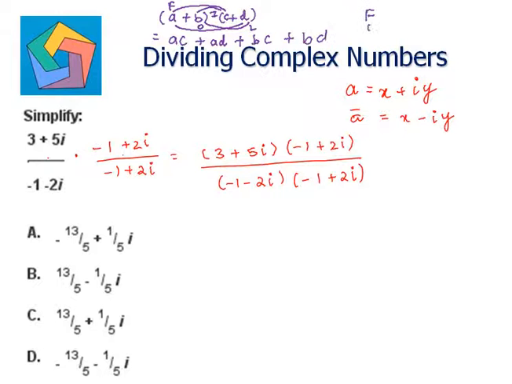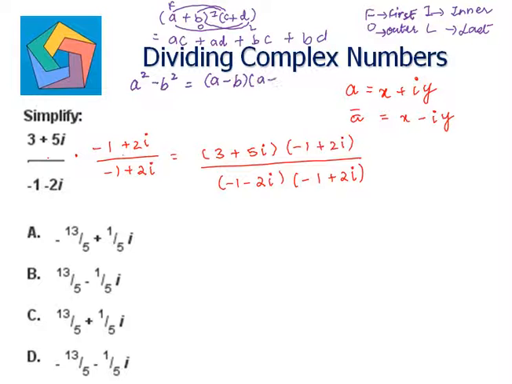So FOIL: first, outer, inner, last. And the difference of squares says a squared minus b squared is equal to (a - b) times (a + b).